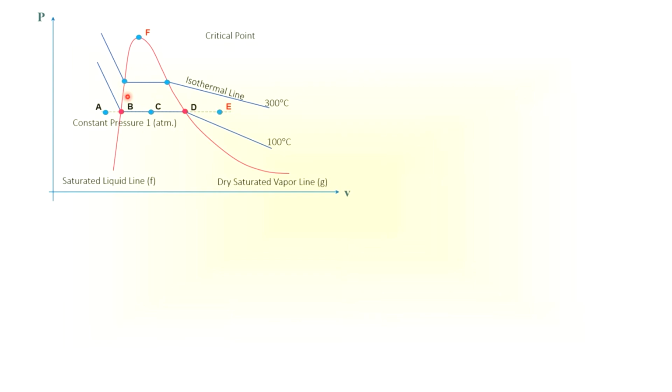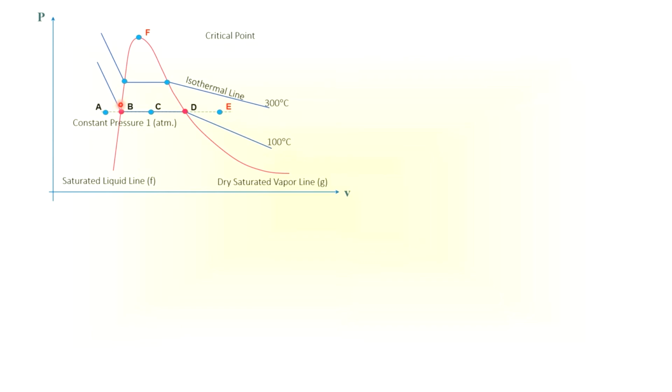You can see the temperature on this blue line, at this pressure of 1 atmosphere: any point you place on this line, the temperature will be the same, at 100 degrees C. If you move vertically upwards or downwards, then the temperature and the pressure vary.